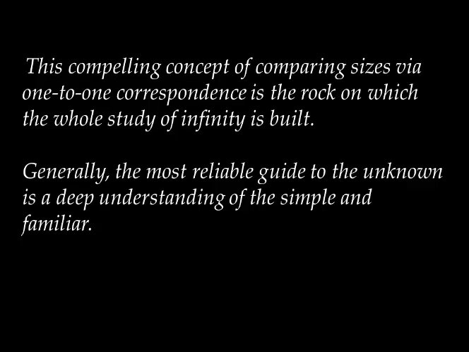This compelling concept of comparing sizes via a one-to-one correspondence is the rock on which the whole study of infinity is built. Generally, the most reliable guide to the unknown is a deep understanding of the simple and familiar.